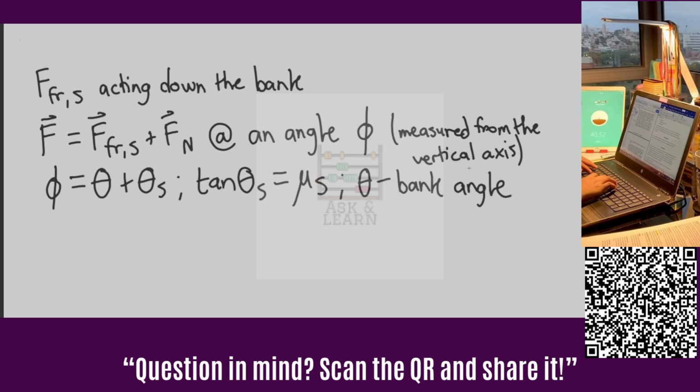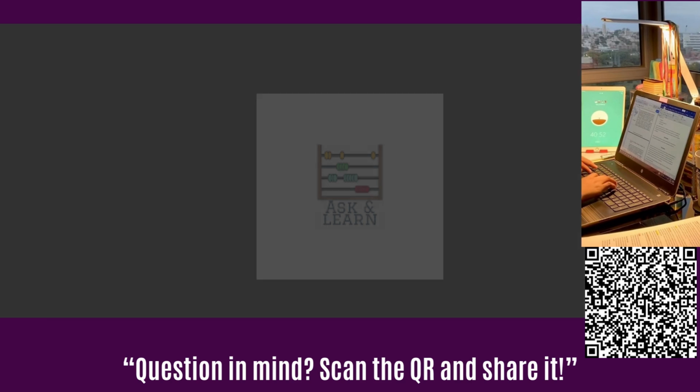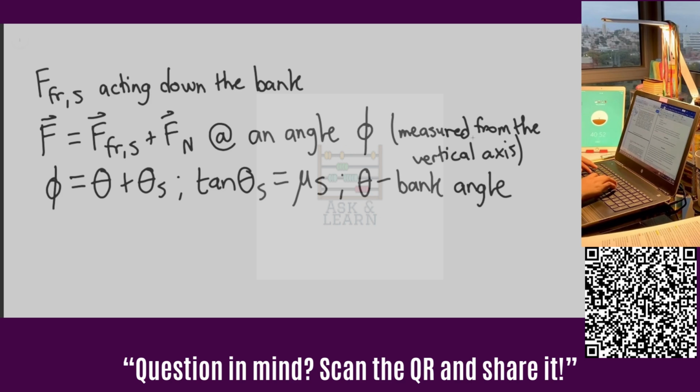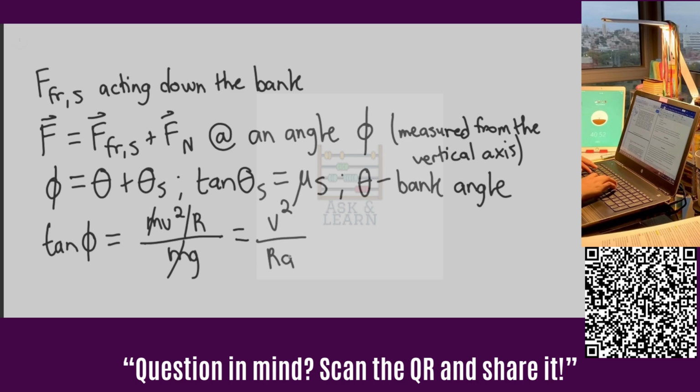At this point, we know that the vector sum of F and the vertically downward pull, which is simply equal to the weight of the car, must be equal to the horizontal centripetal force. So we can say that tangent of phi equals the centripetal force mv squared over r divided by mg. Let's cancel out the m's, and this is going to equal v squared over rg.